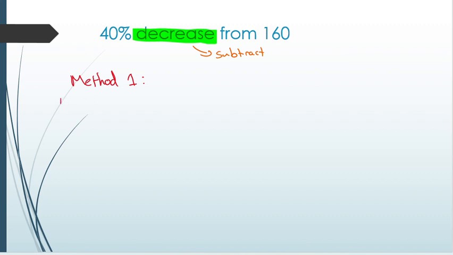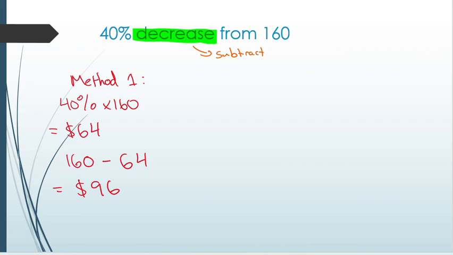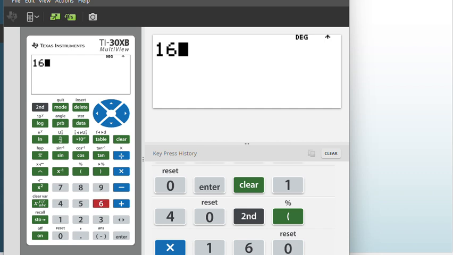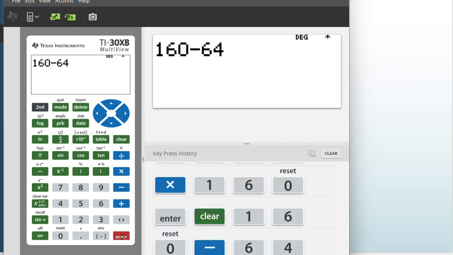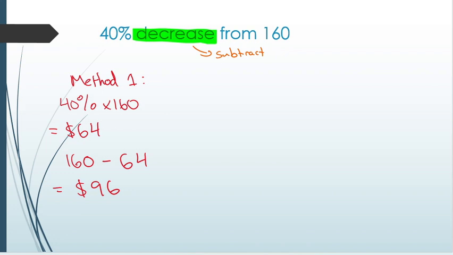We know 40% of 160 already, just based off our previous slide, was $64. So what we do next is we're actually going to subtract it by 64. This ends up giving $96 here. So let's just double check. 160 minus 64 equals 96.